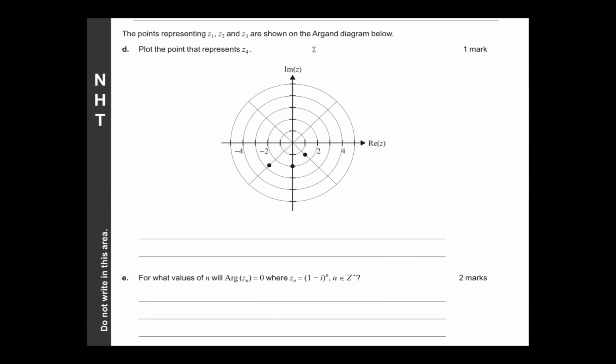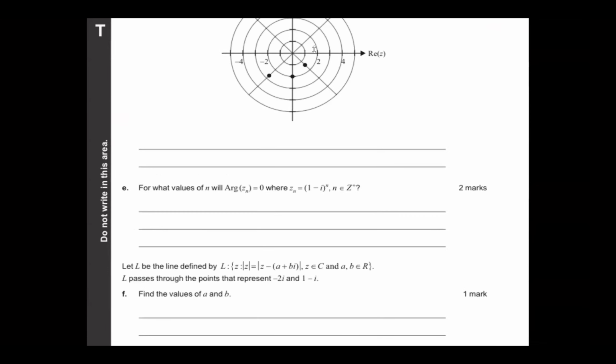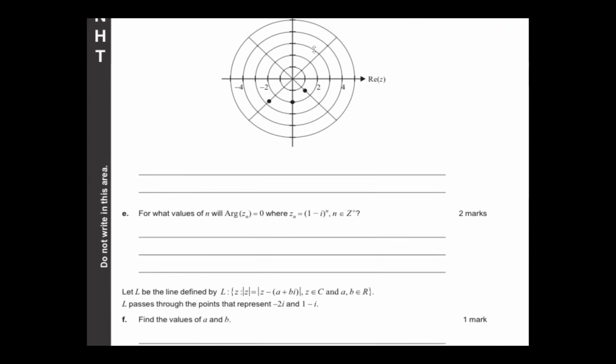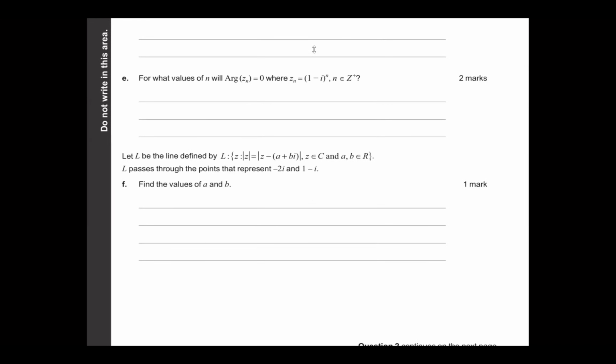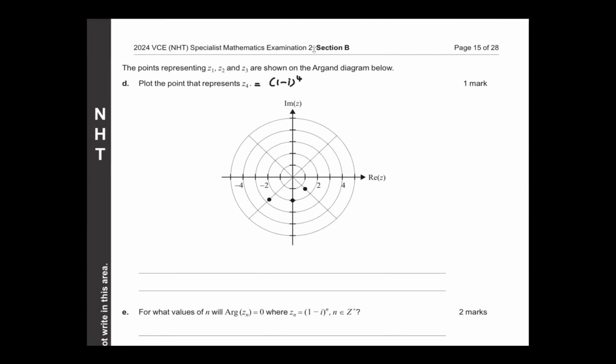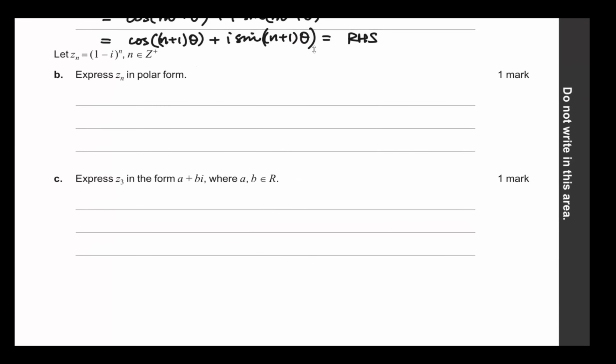So I need to get (1 minus i) to the power 4. And for what values of n will arg Z equal 0? Need to use polar form, and a perpendicular bisector. So let's go through them using the CAS calculator.